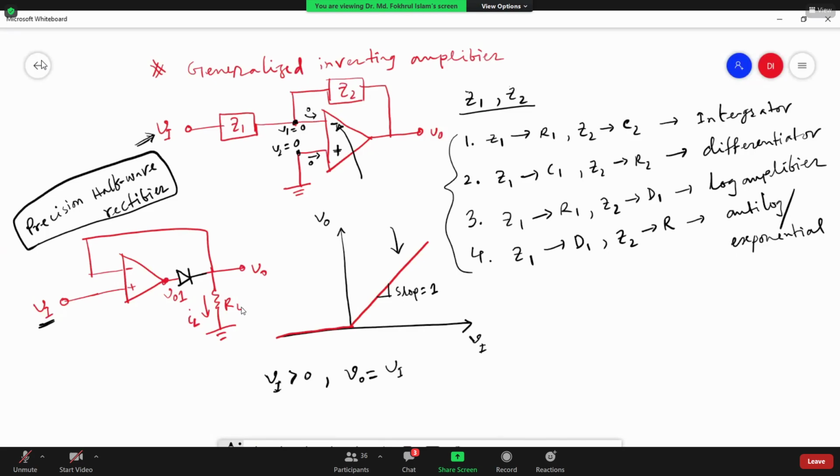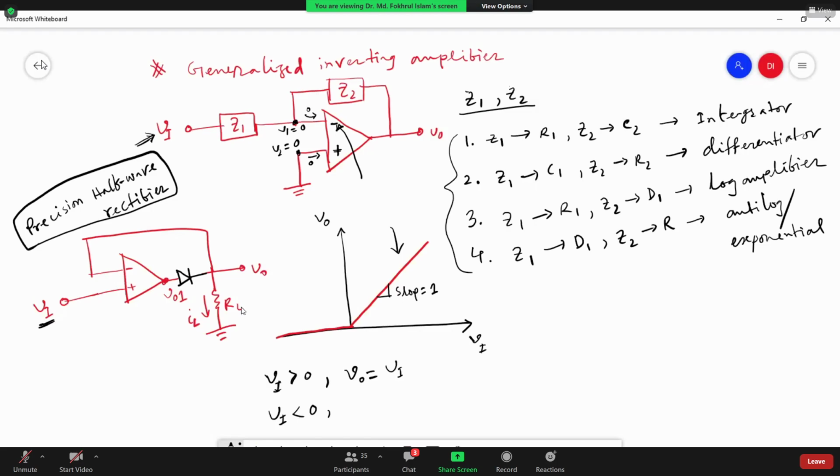And what will happen if Vi is less than 0? Then the output voltage tends to go negative, which tends to produce negative load and diode currents. But a negative diode current, is it possible? No, sir. So what will happen?